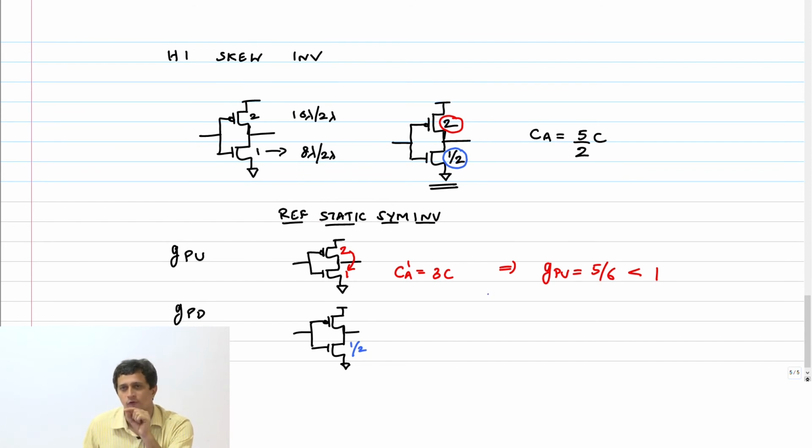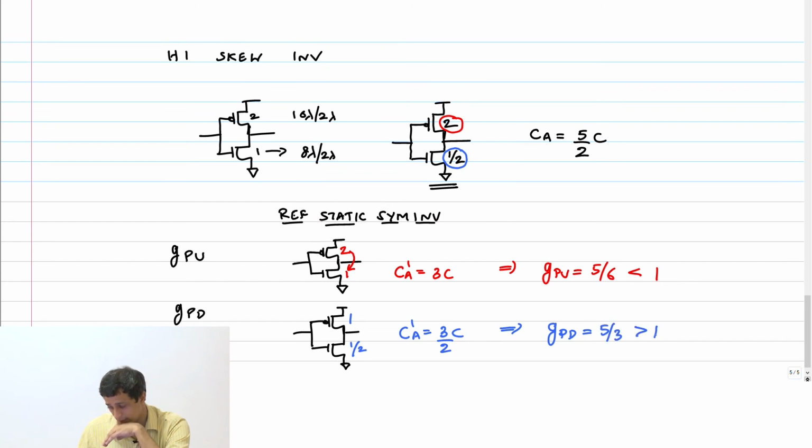If this is half, what should be the PMOS? 1. Therefore, CA prime is how much? 3 by 2C, which implies GPD is how much? 5 by 3, which is greater than 1.